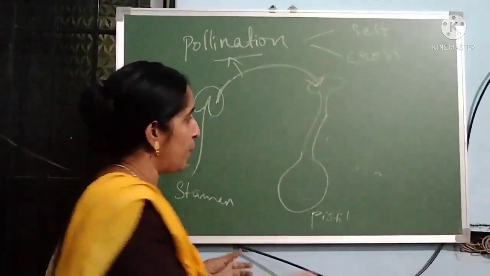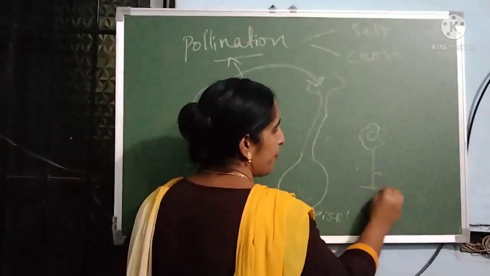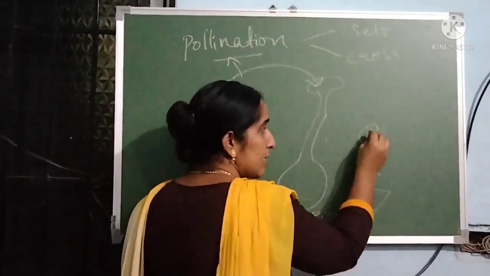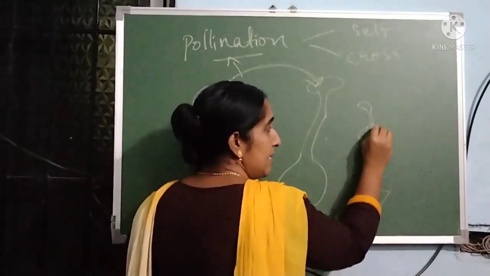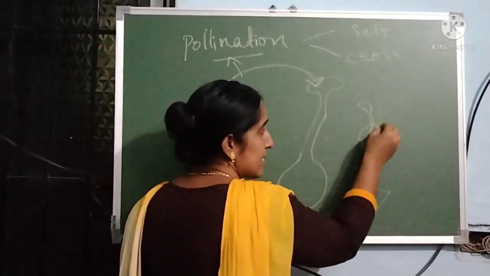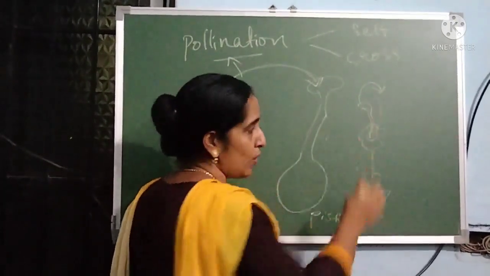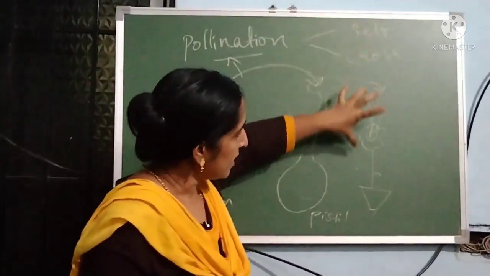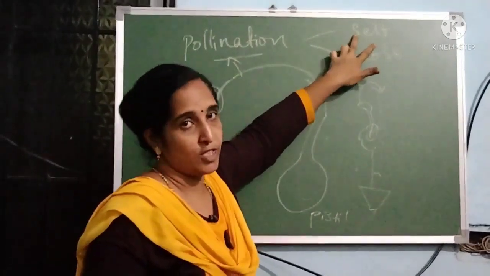Suppose this is a flower of a plant. This flower also consists of pistil and stamen. The pollination is between these two, in the same flower of a same plant. Then it is called self-pollination.